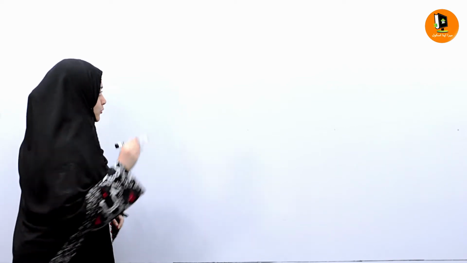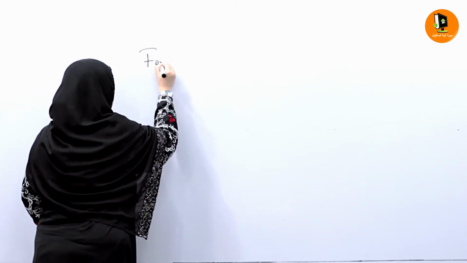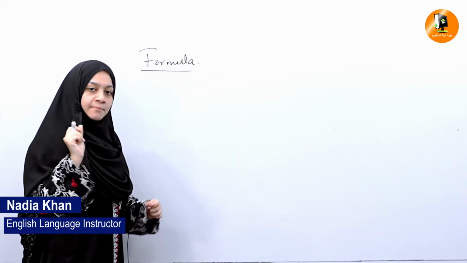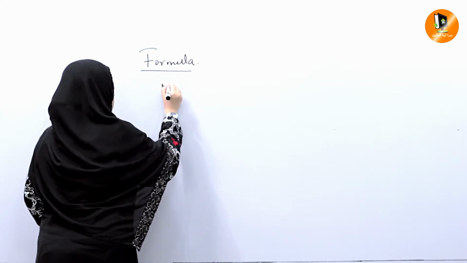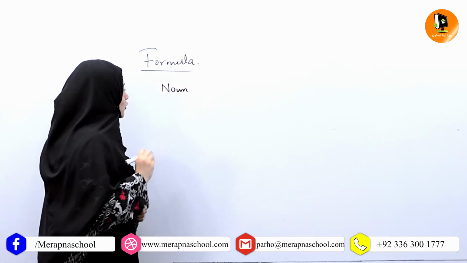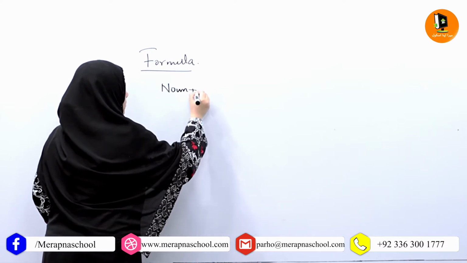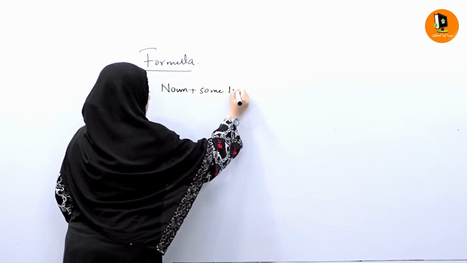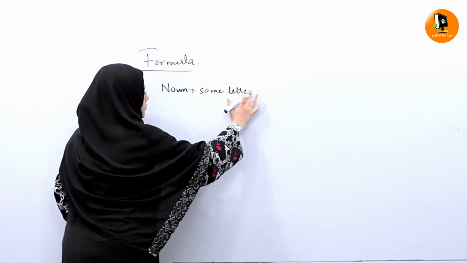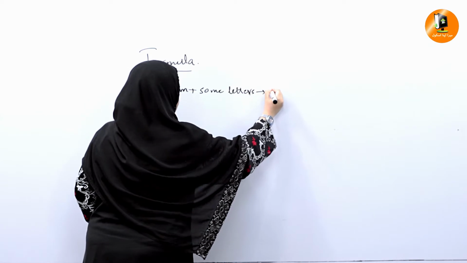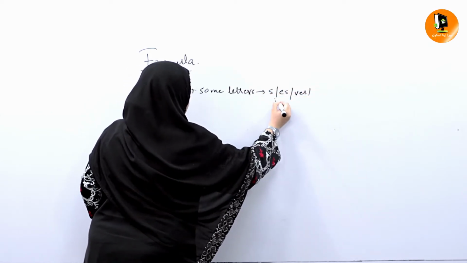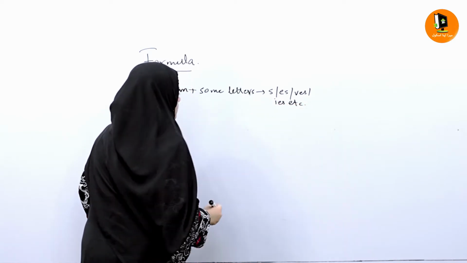Let's talk about the simple formula of making singular and plural. You will have a main noun. You can add into it some letters, like S, ES, WES, IES, and many others.